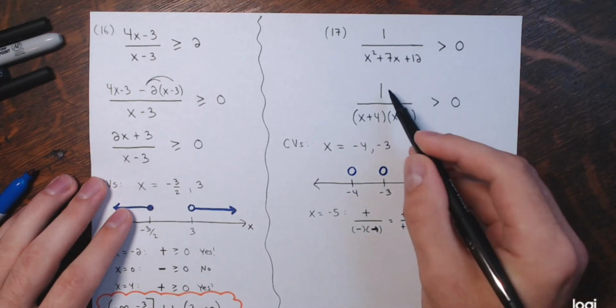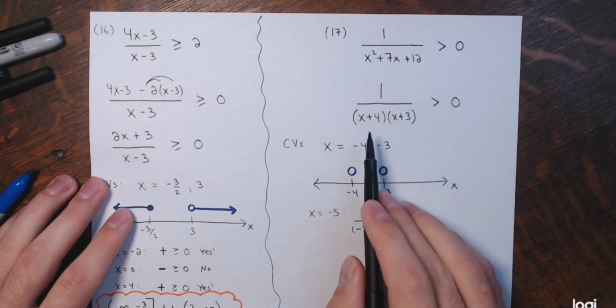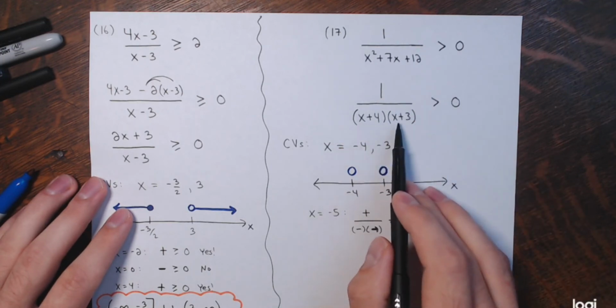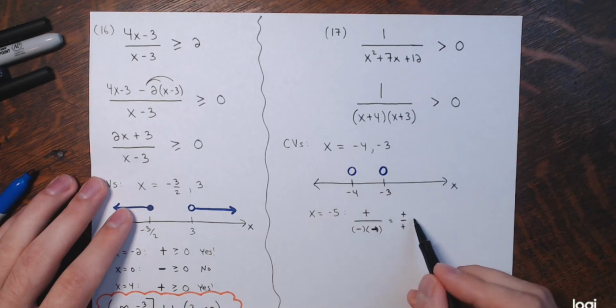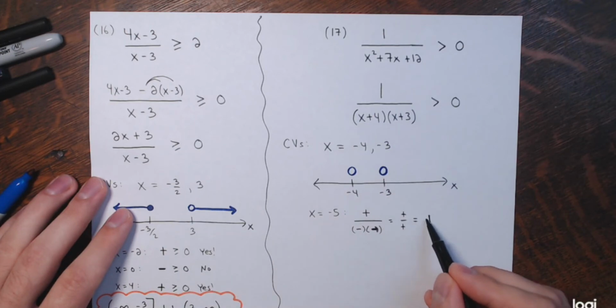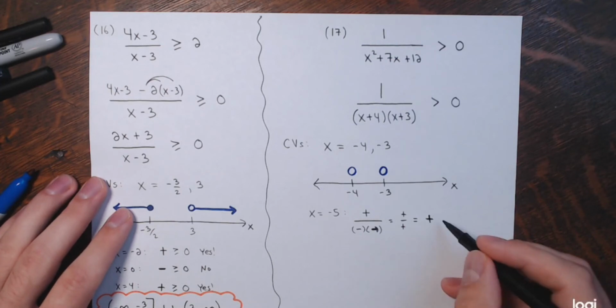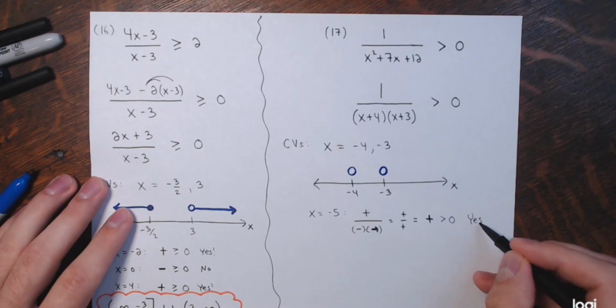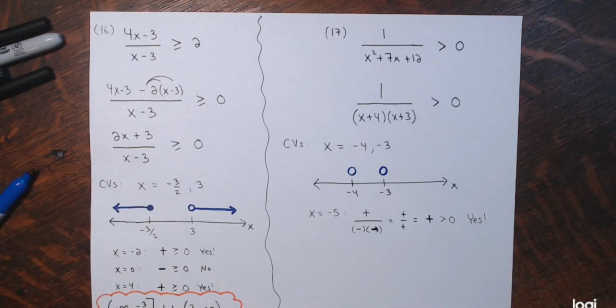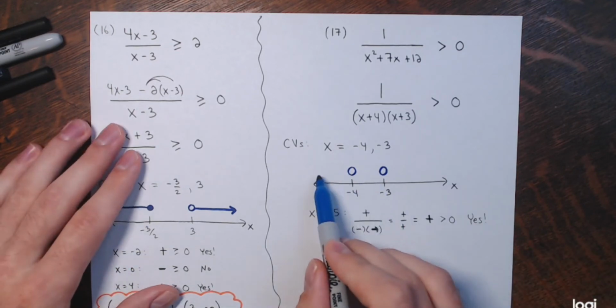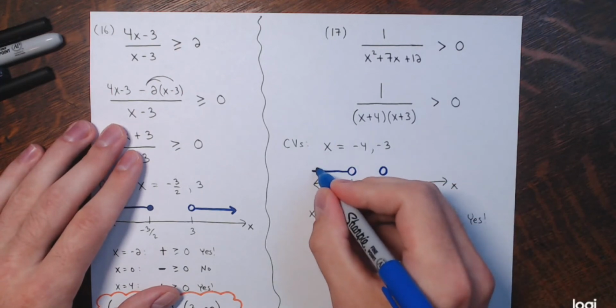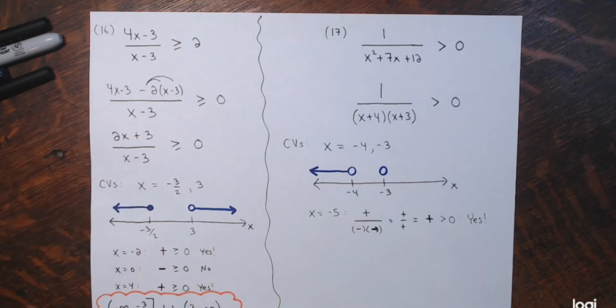So I have a positive numerator, and if x were negative 5, you'd have a negative times a negative, or a positive denominator. So the left side will be a positive number when x is negative 5. And is that greater than 0? Yes, a positive number is greater than 0. So these numbers to the left of negative 4 are solutions. So I indicate that with the little arrow there.